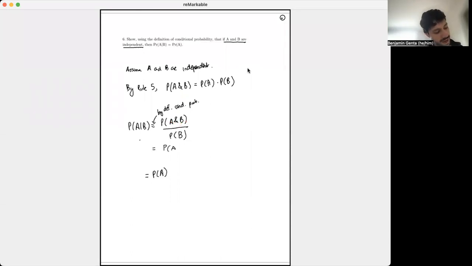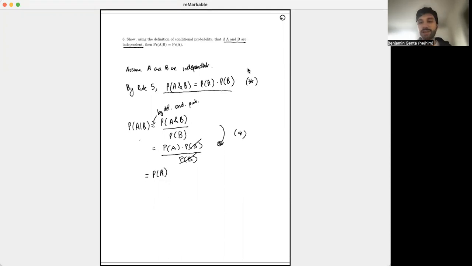Namely, it's the probability of A times the probability of B, over the probability of B. And we can make this jump from star, by the fact that they're independent, the probability of A and B is equal to the probability of A times the probability of B. So we have this over here, and now we can cancel out the probability of B, and that's just the probability of A.